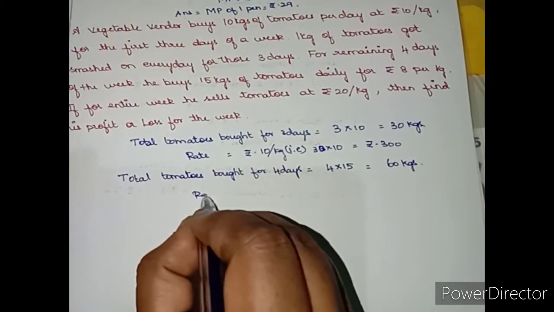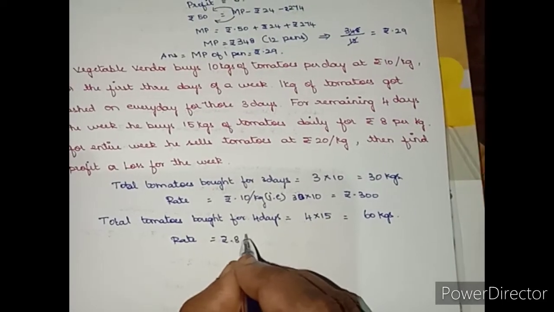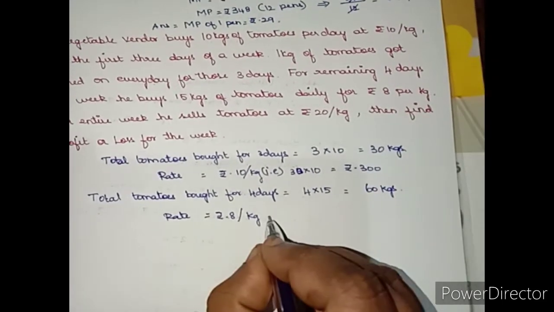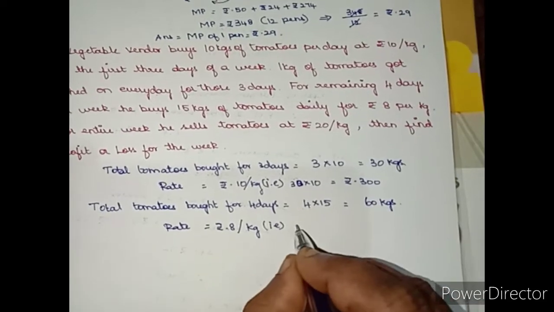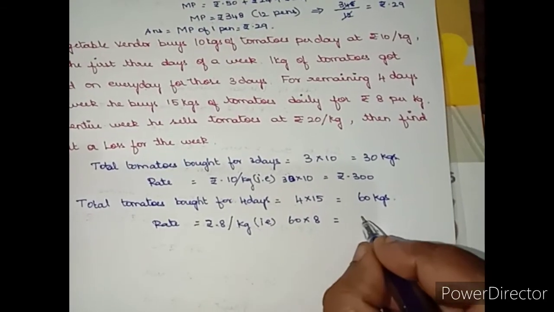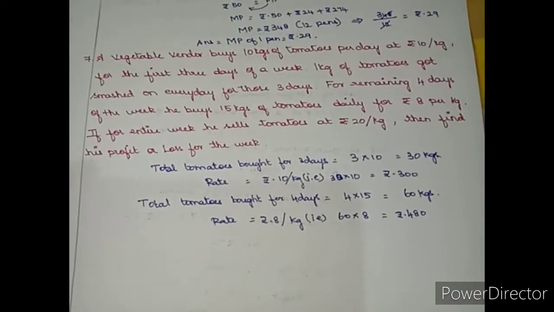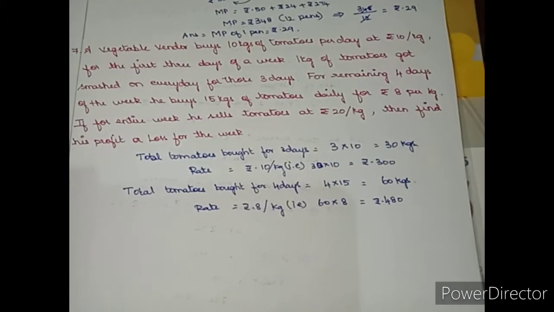So what will be the rate of it? They are buying it for rupees 8 per kg. That is 60 into 8. 6 8s are 48. 10 rupees 480.